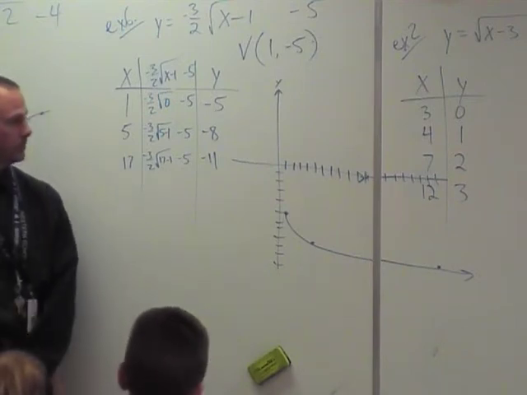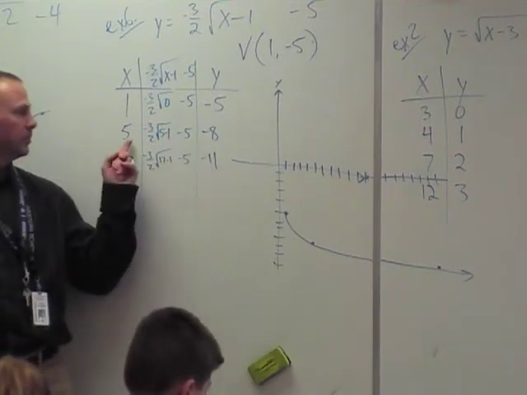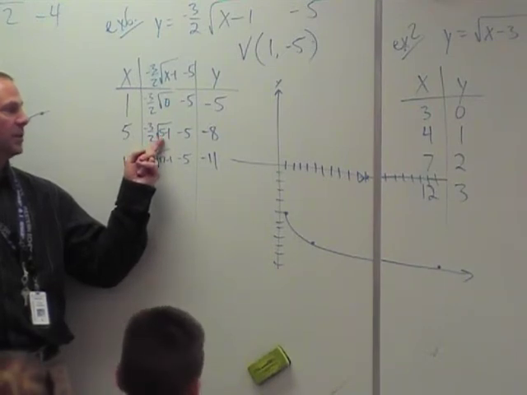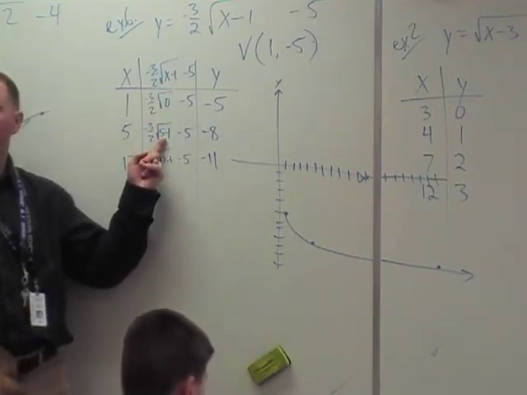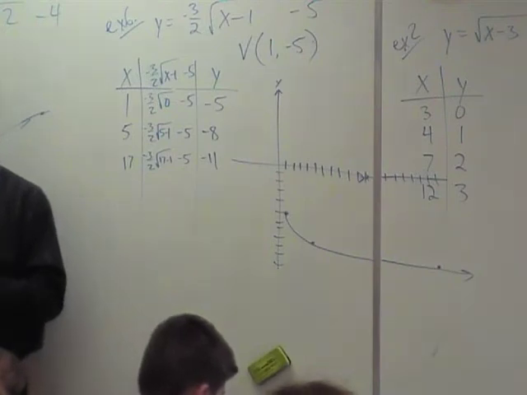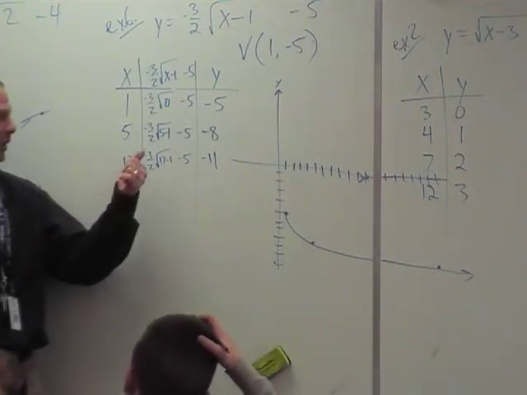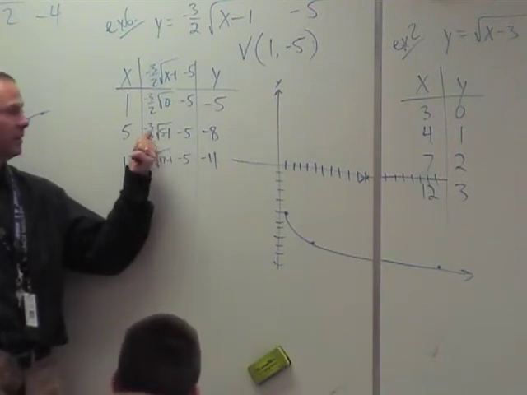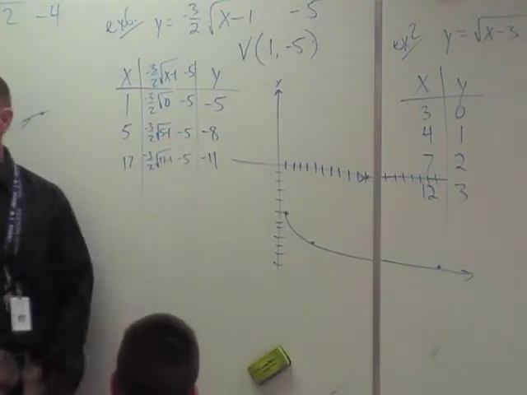Yes? How'd you get negative 11 for the y's and 5? Okay, so I picked 5 for x because I knew I'm taking 1 away, that'll give you a 4, and I can take the square root of 4 in my head. 2, and this 2 will divide with that 2, making 1, times the negative 3, that's negative 3. Negative 3 minus 5 is negative 8.